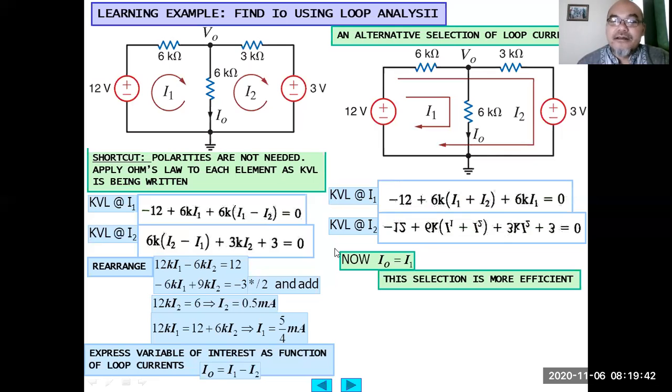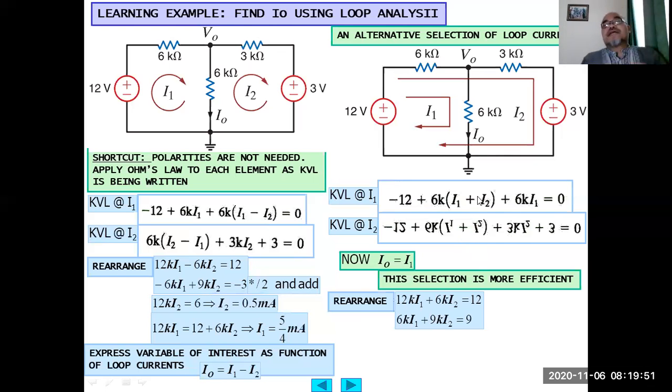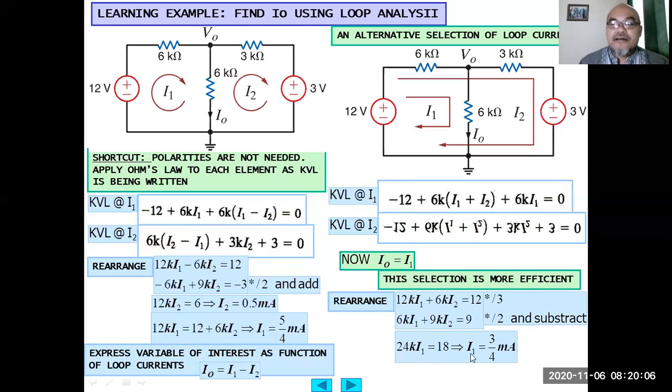So this selection is more efficient, because the variable of interest I0 is the same as one of the loop currents. By rearranging similar to the previous example, we obtain I1 equals 5 over 4. We find instead 3 over 4, 3 over 4 milliampere.